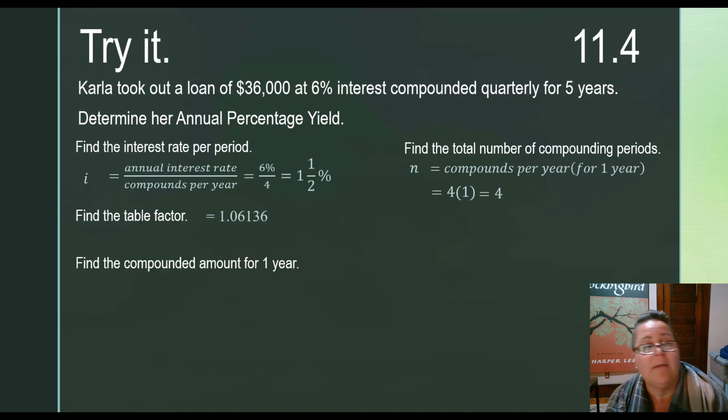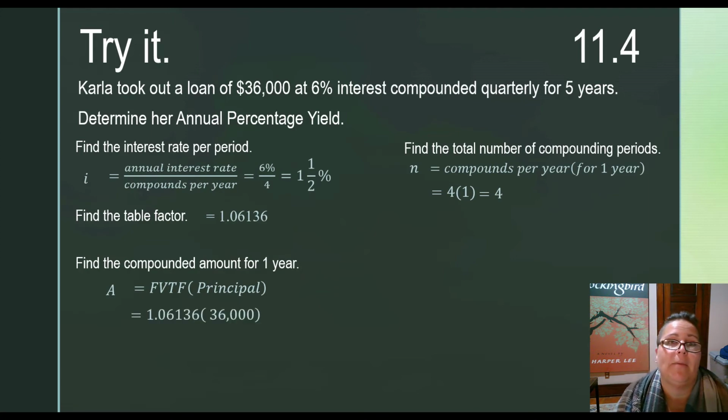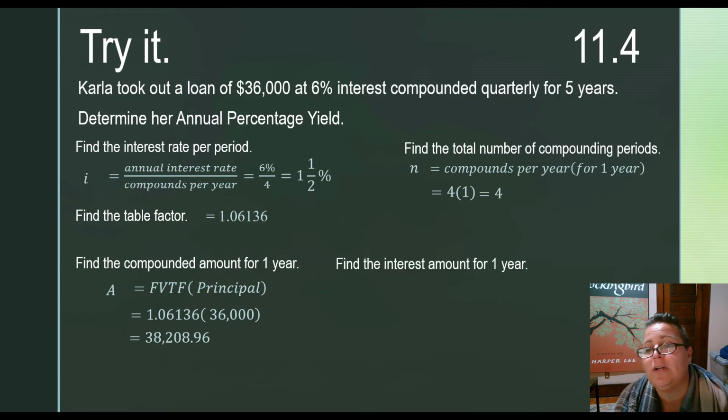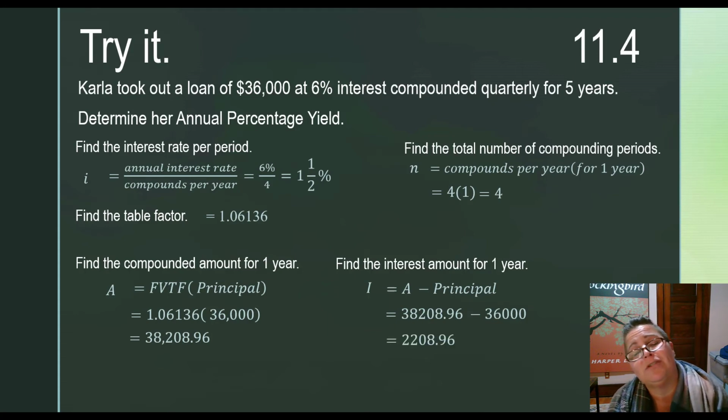So to find the compounded amount for 1 year, I'm going to take the future value table factor, 1.06136, and multiply that by the principal of $36,000 to get $38,208.96. I only need the interest, so I'm going to subtract $36,000 from that $38,208.96 to get $2,208.96.